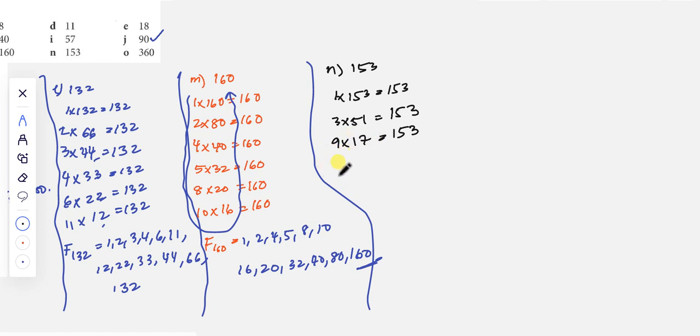And that's it. So we conclude the factors of 153 are 1, 3, 9, 17, 51, and 153.